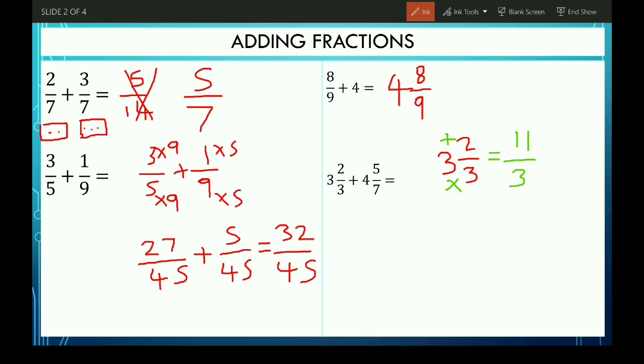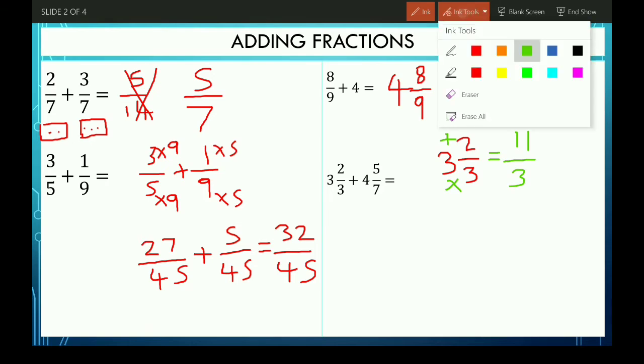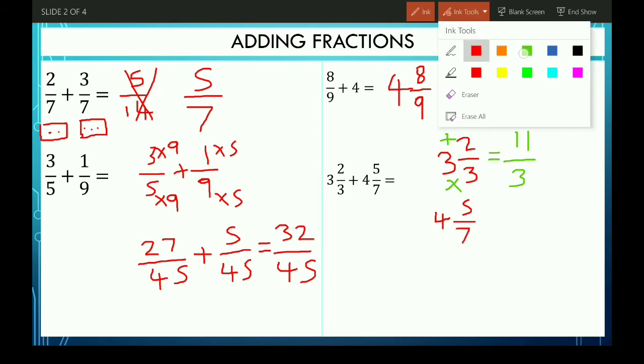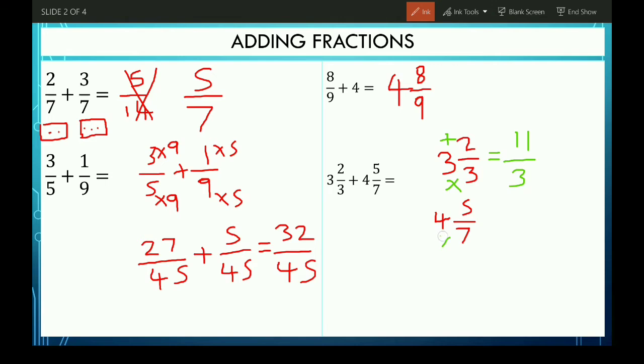We can do the same now for the second fraction, which is 4 and 5 over 7. If I do exactly the same thing, multiply by the denominator and add the numerator, 4 times 7 is 7 times 4 or 4 times 7, exactly the same thing. 4 times 7 is 28. 28 plus 5 is 33.